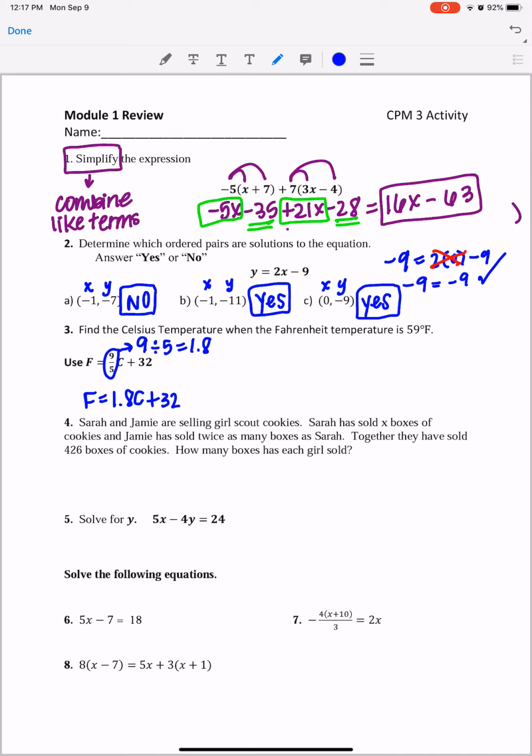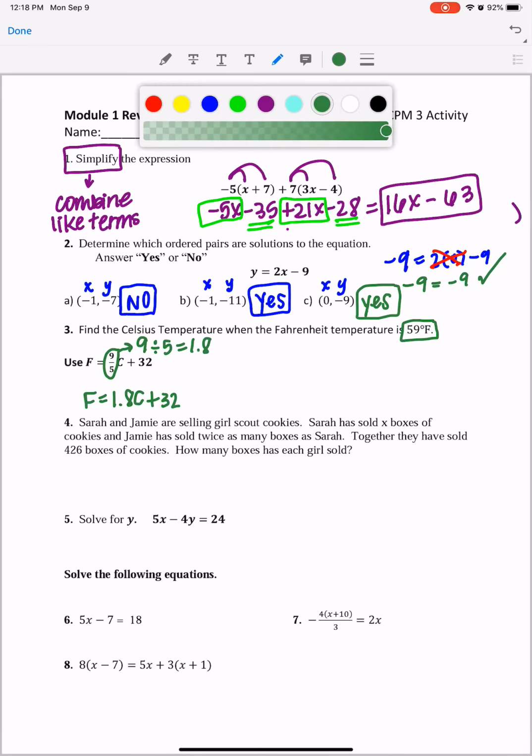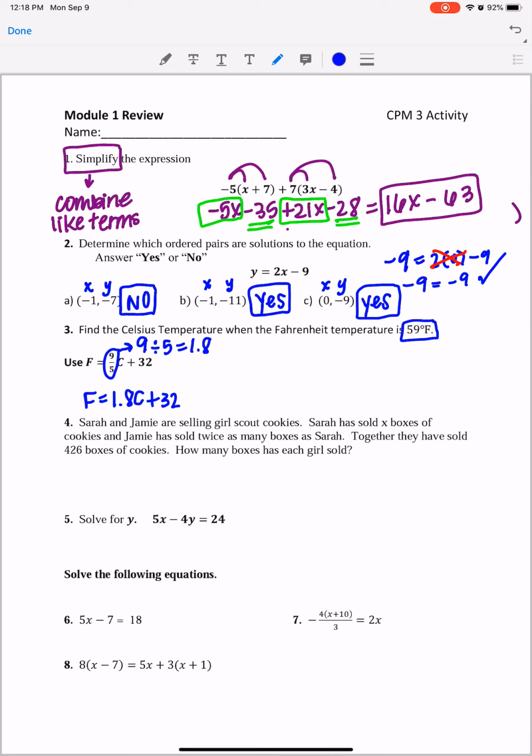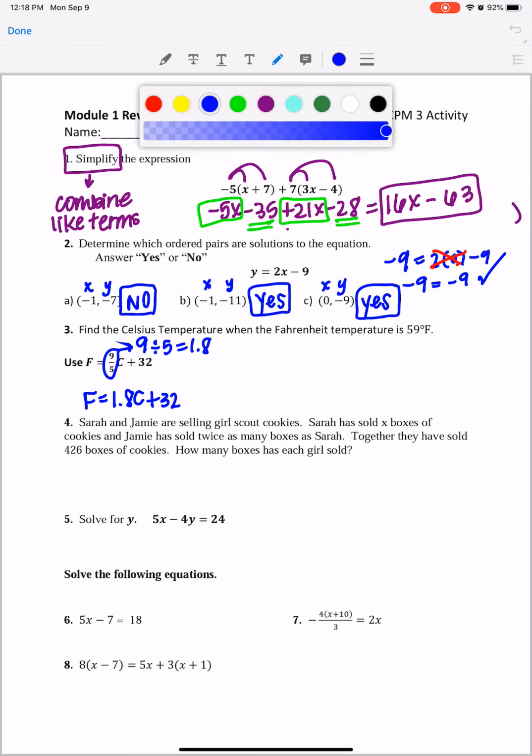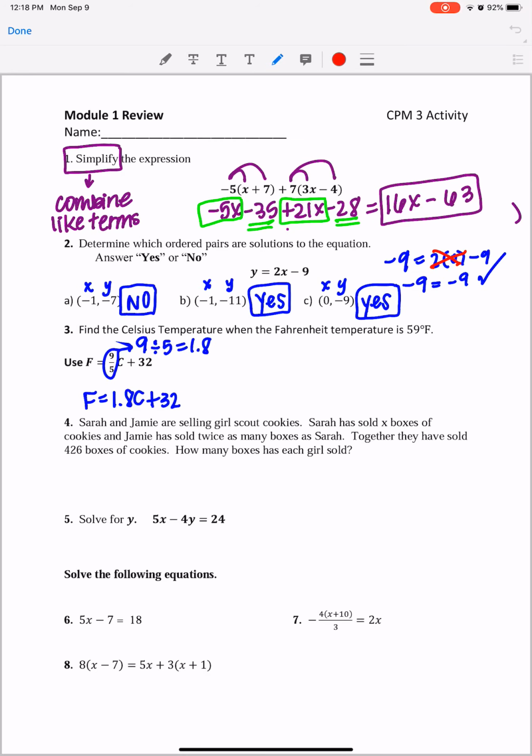So now that my F is 59, plug that in for this F here.